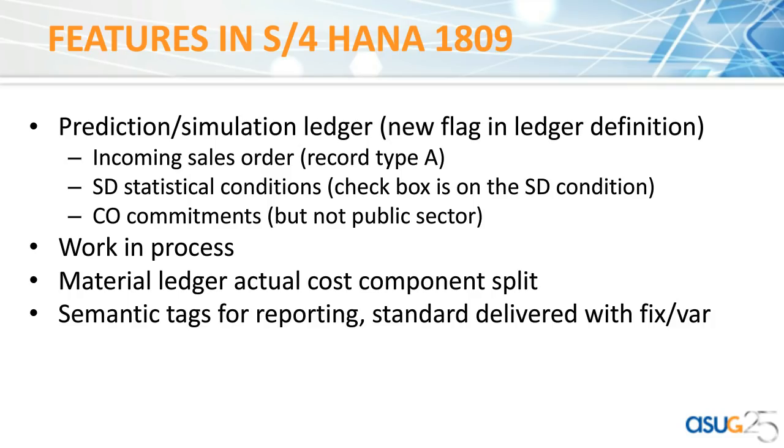So once again, the cost of goods sold refinement by GL account number, production variances, having our variance category assigned to a GL account number, attributed profitability segments, being able to have a more real-time view on a statistical profitability segment of what settlement would be, the ability to have fixed and variable cost, and now with 1809, the prediction or simulation ledger, being able to have incoming sales orders and statistical SD conditions in a report.